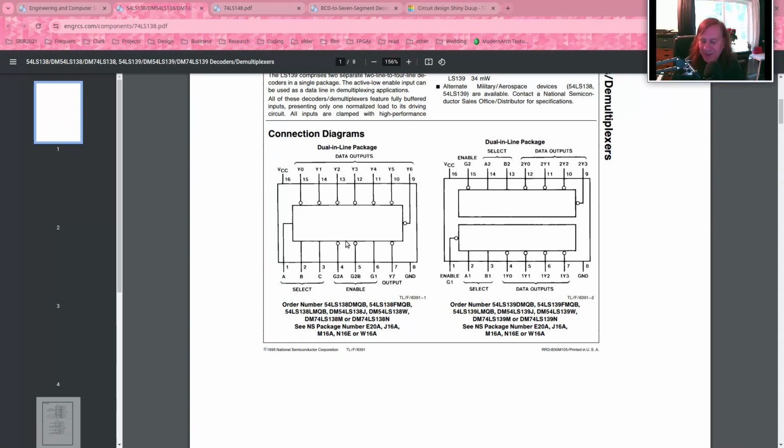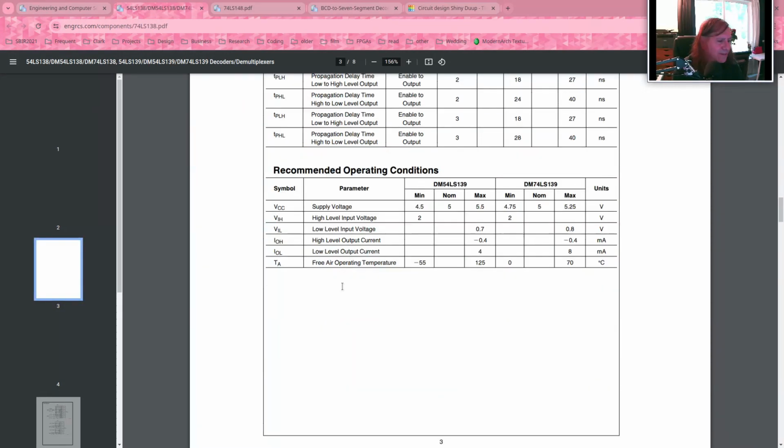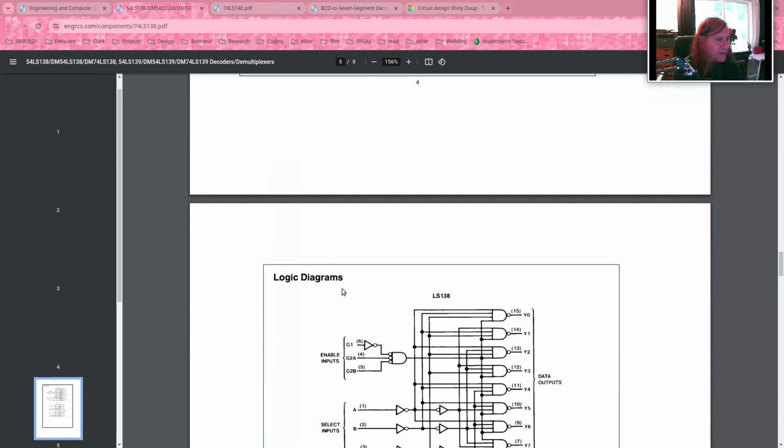So that's just part of how we can start reading these diagrams of what a chip looks like and use that to start trying to understand how the truth table is going to work. But we can always go to the truth table and resolve any questions or ambiguities, right?